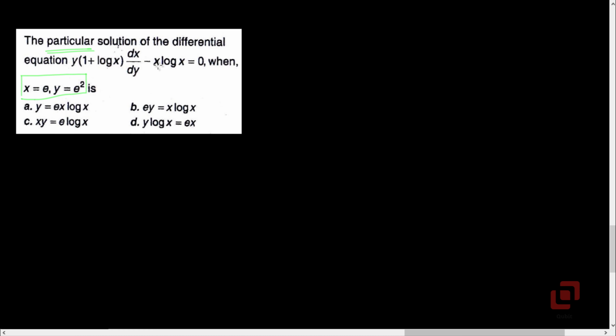Let me first shift the term x into log of x to the other side. So the left hand side will now be y into 1 plus log of x dx by dy. Observe that bringing x into log of x to the left hand side and sending y and dy to the other side, we are getting the differential equation in the variables separable form.